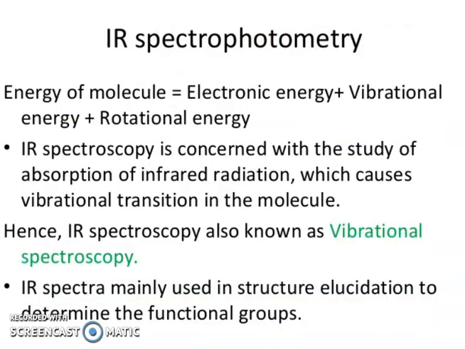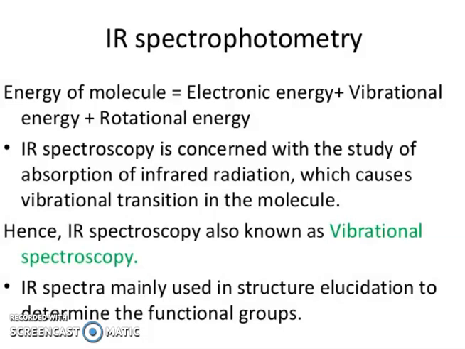So I will focus on IR spectroscopy. You know, the energy of a molecule is equal to electronic energy plus vibrational energy plus rotational energy. IR spectroscopy is concerned with the study of absorption of infrared radiation, which causes vibrational transitions in the molecule.